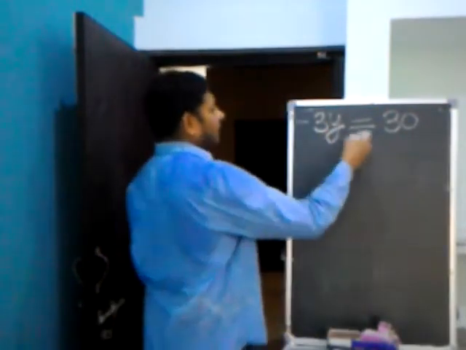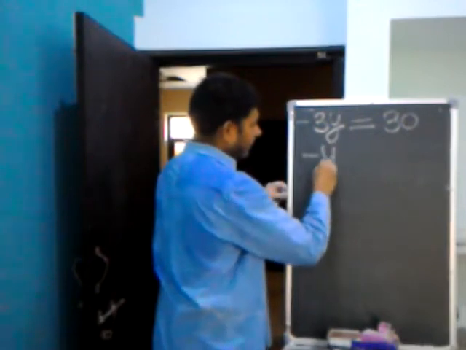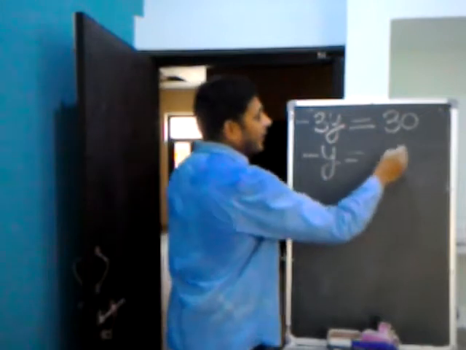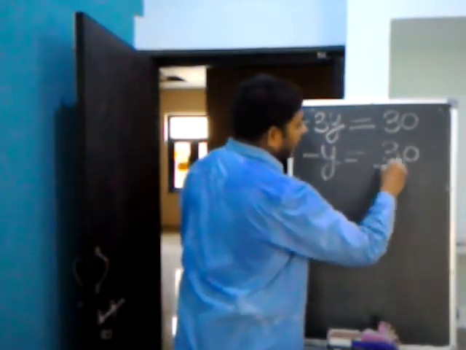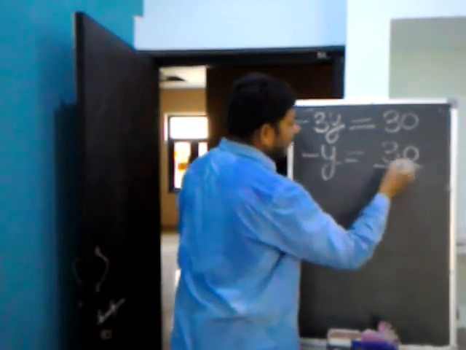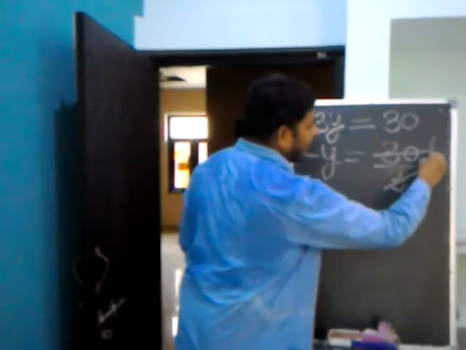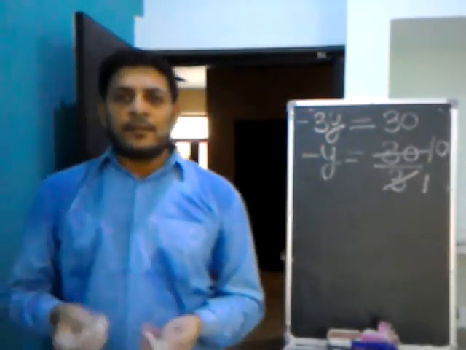Now minus 3, because it is multiplying on this side, it will go and divide to the other side. 30 divided by 3. 3 and 30 can be divided by 3.